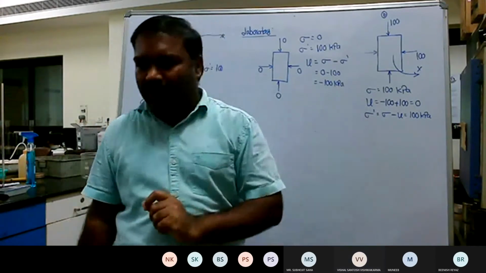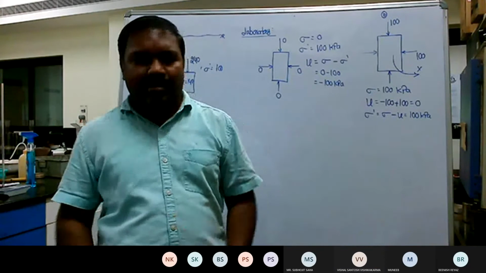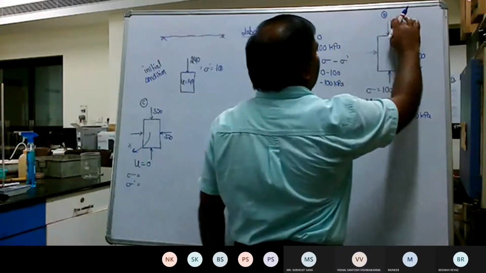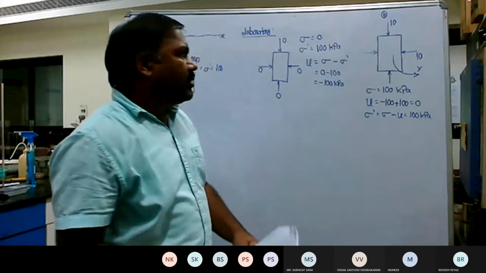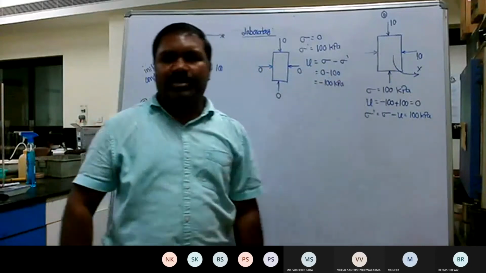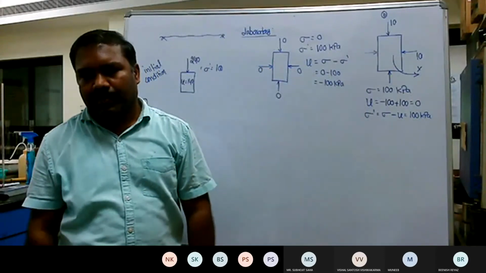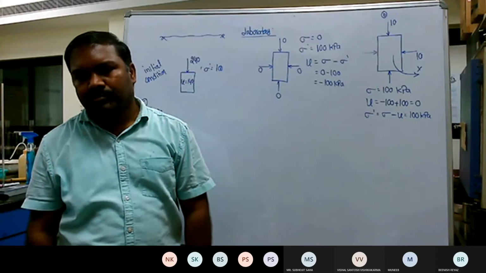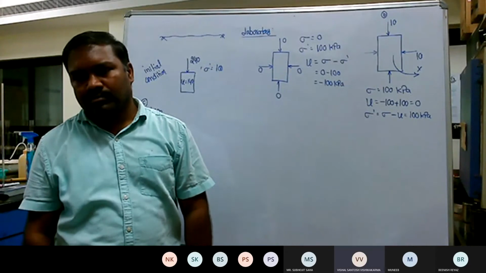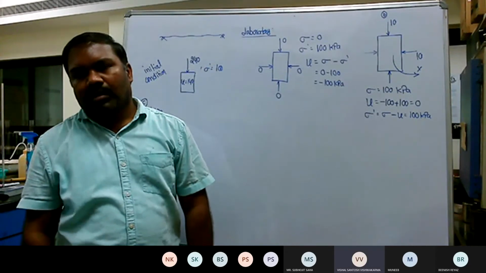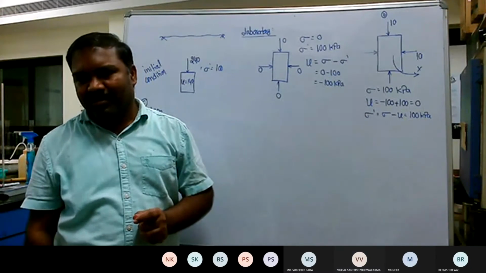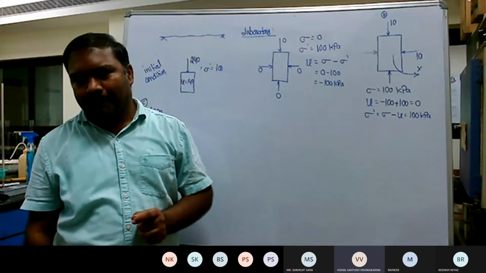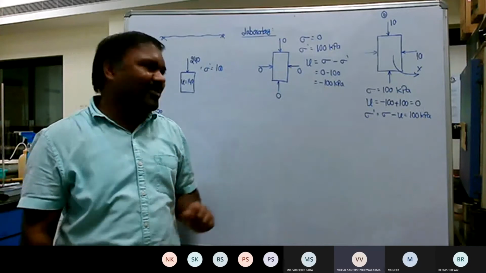The pore pressure is developing now. Take 10 kilopascals applied. Now what would be the pore water pressure here? Minus 90, sir. Is minus 90 an increment or decrement? Increment by 10 kilopascals.